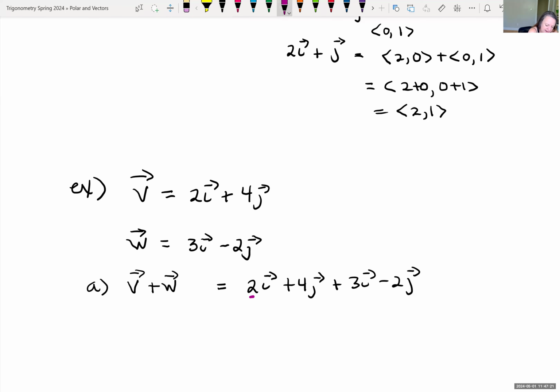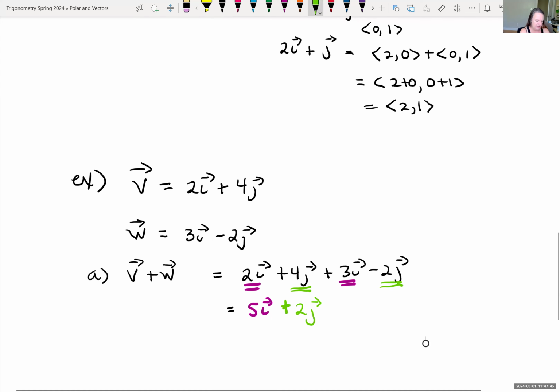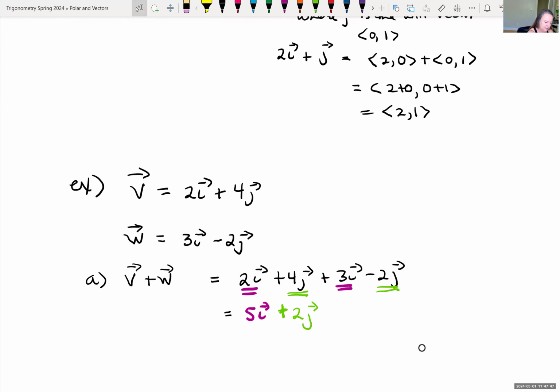Let's combine like terms. A 2i plus a 3i gives me 5 times my unit vector i. And then I had a 4j minus a 2j, so it's going to be a plus 2j. I could write this also as <5, 2>.